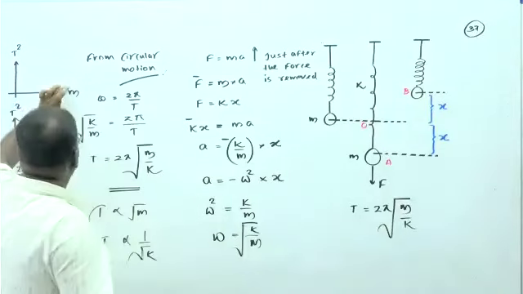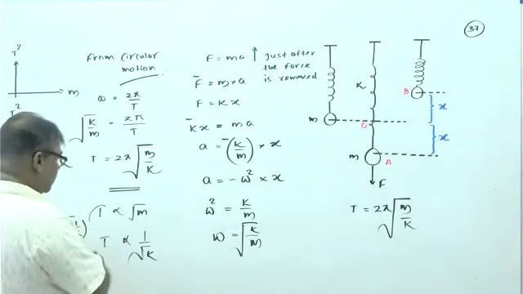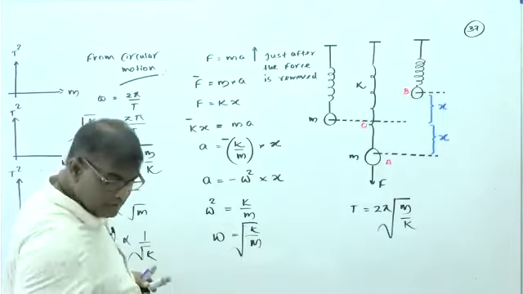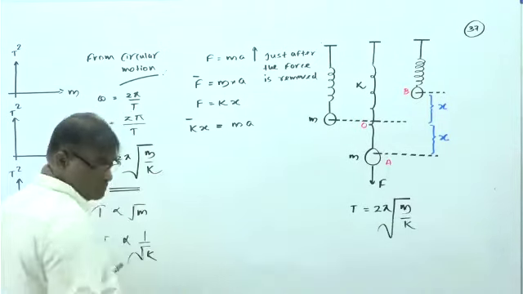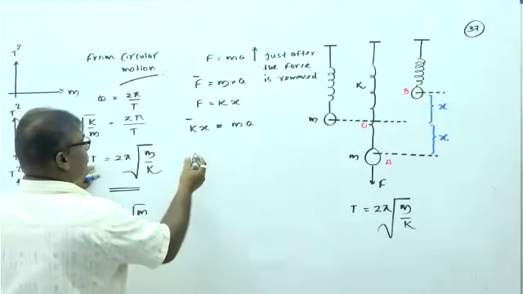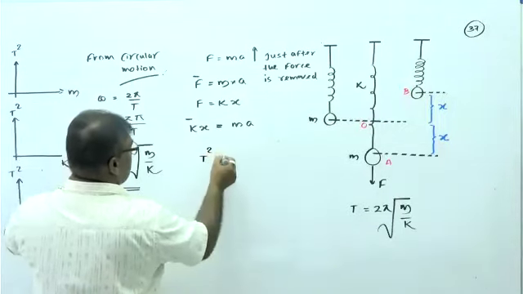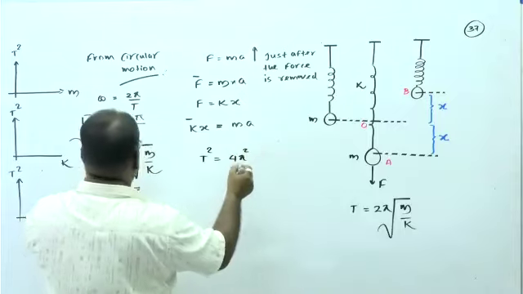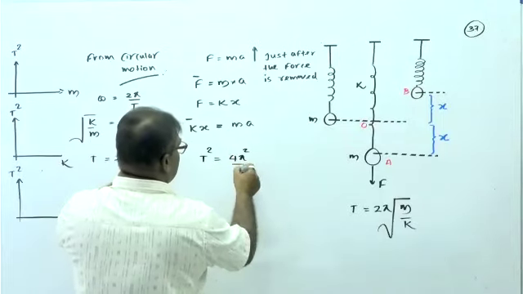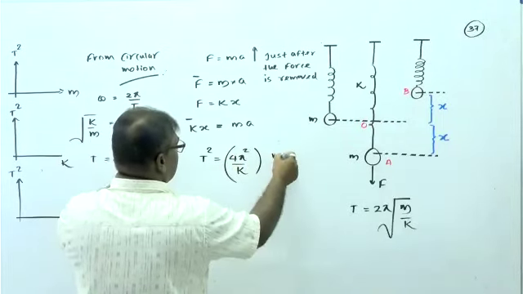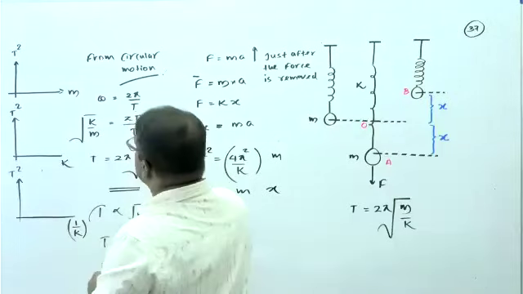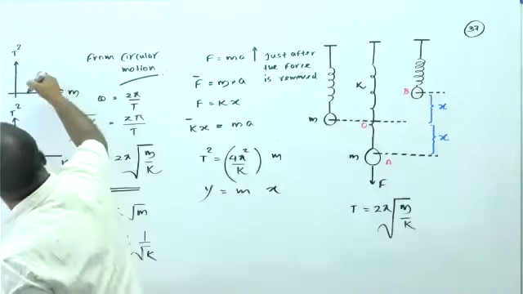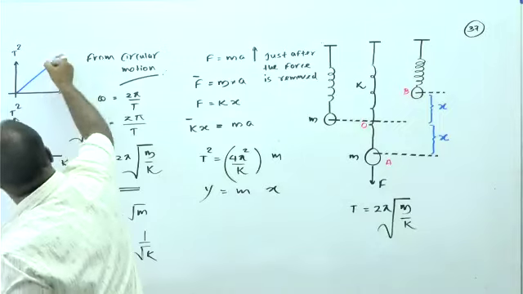Right? T squared versus m: from this, we can say T squared equals 4 pi squared over k into m. It's like y equals mx, right? T squared versus m is a straight line like this.